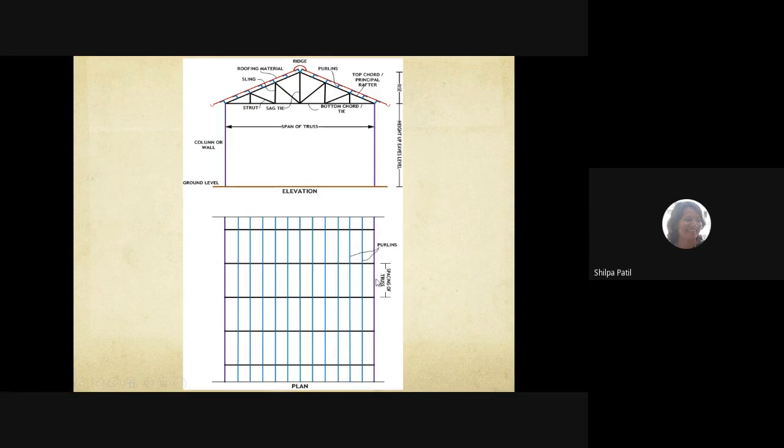These lines are representing your columns, actually a beam which is connecting all the columns. This black color horizontal line is representing one truss. This is the second truss, this is the third truss, fourth truss. So the distance between two consecutive trusses is your spacing of the truss.